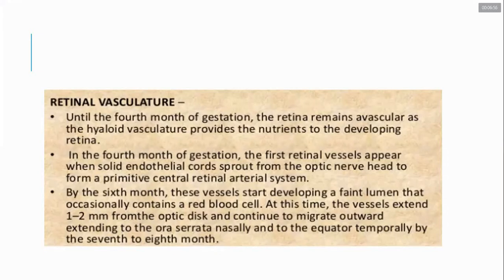By the 6th month, these vessels start developing a faint lumen that occasionally contains red blood cells. At this time the vessel extends 1 to 2 millimeters from the optic disc and continues to migrate outward, extending to the ora serrata nasally and to the equator temporally by the 7th to 8th month.